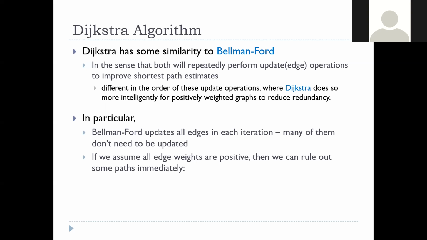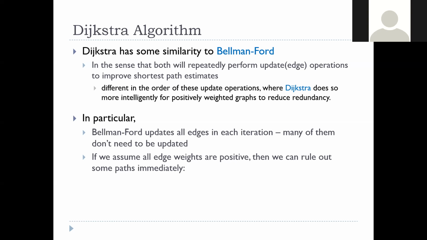Actually it runs in V minus 1 iterations, but almost V. In the end, we guarantee that after all of these updates, all the shortest paths will be captured. The reason we only need V minus 1 iterations is that the longest possible shortest path in terms of the number of edges can have at most V minus 1 edges, because it has to be simple if your graph doesn't have a negative cycle.